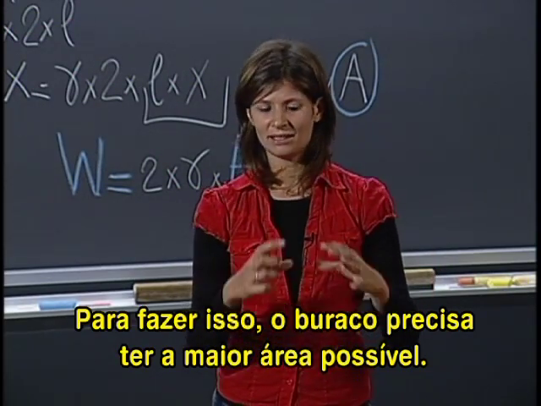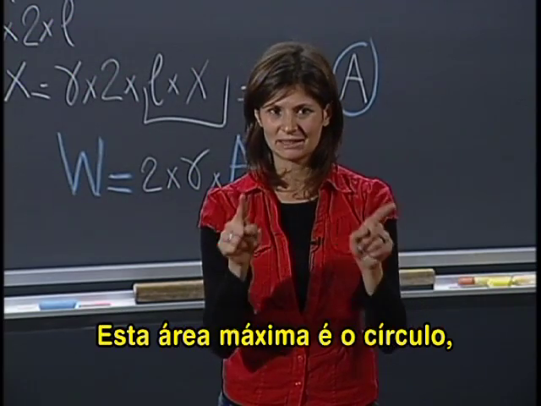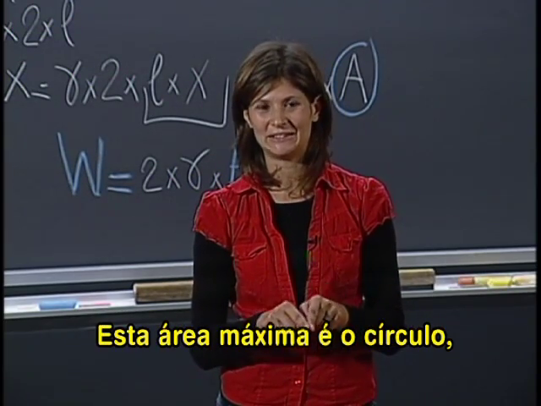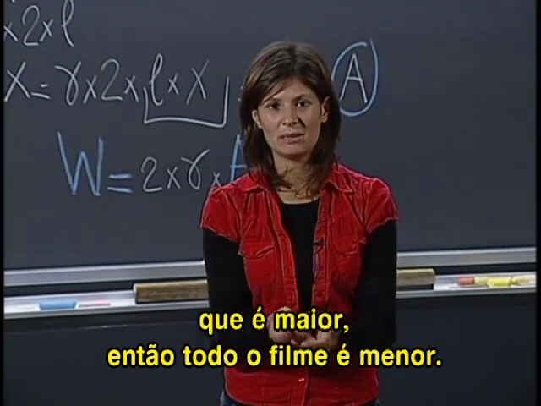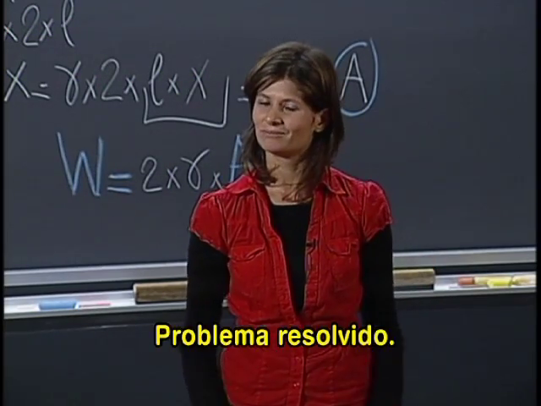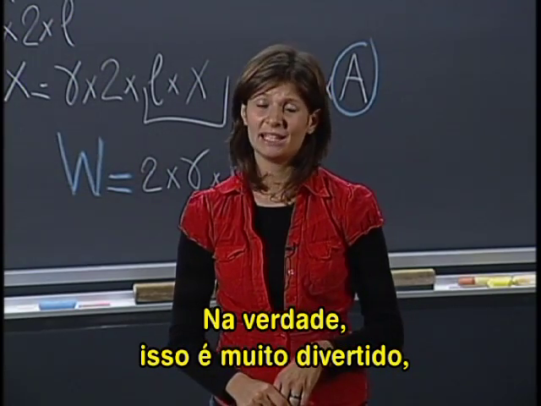In order to do that, the hole has to take the maximum possible area. This maximum area is the circle. The hole is bigger, so all the film around it is smaller. Problem solved.